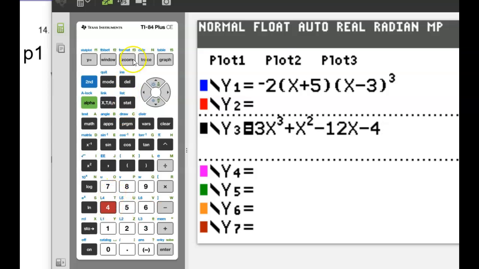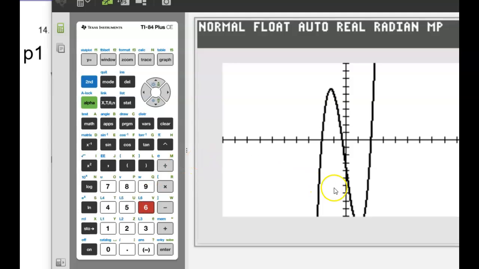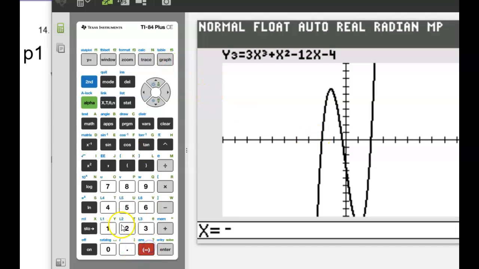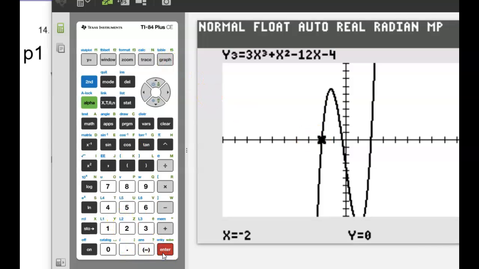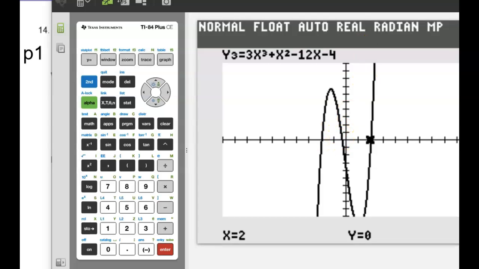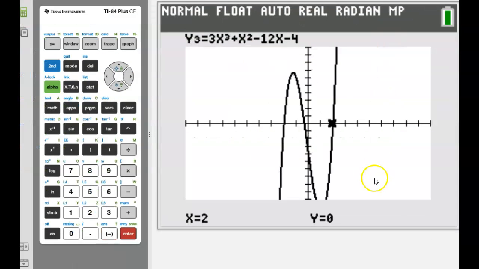Okay, do I have it right? Okay, I'm just going to try Zoom 6. It's not a perfect window, but looks like a -2 right there, so I'm going to guess trace -2. That's looking good. And this looks like +2 might work over here. Okay, so I found at least 2. I'm sure I could find that one. It's probably -1/3, but I have to show the work anyways, so I'm not going to get too worried about it.